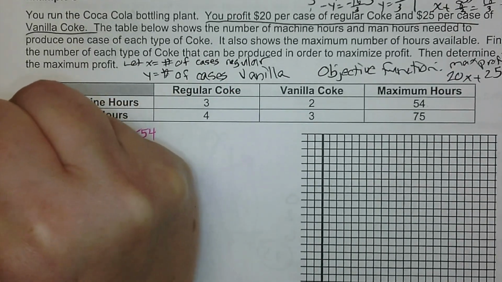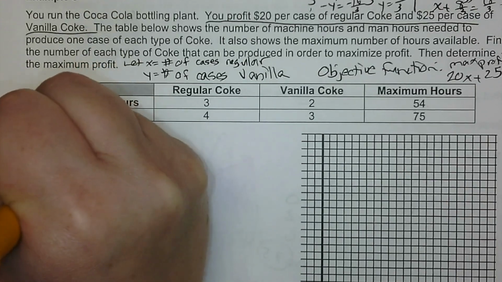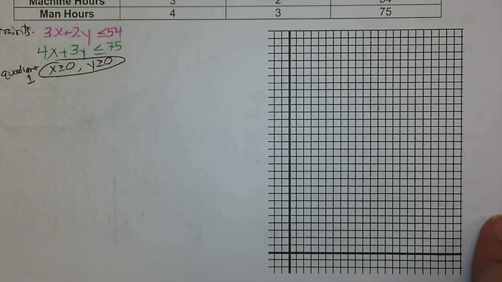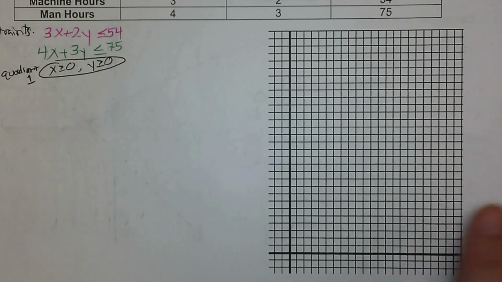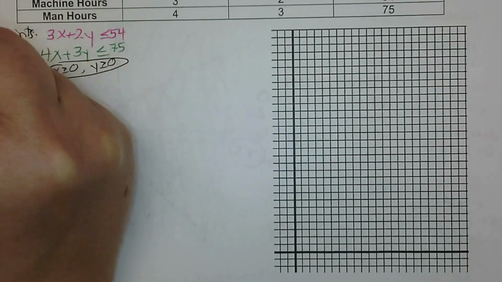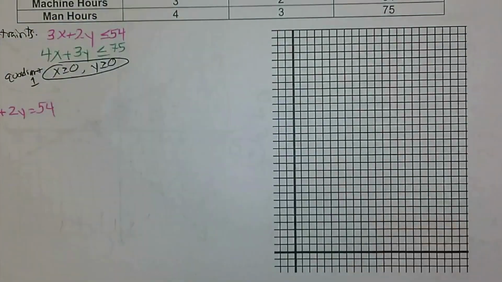So if you look at the graph paper, it is already in quadrant 1. We're good to go. But we got to get these graphed. So let's start with the pink. 3x plus 2y equals 54.